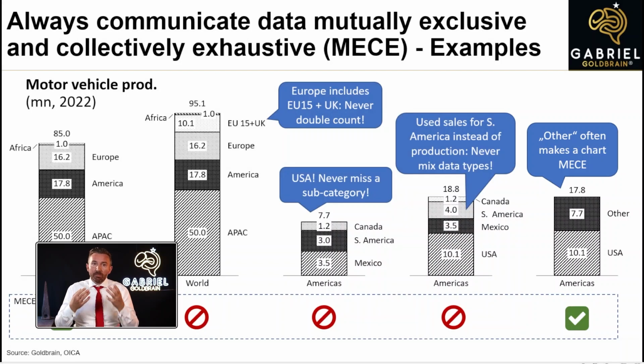An often made mistake is to forget the other category. So you look into maybe the US, you look into Europe, you look into South America, and then maybe you miss out on Africa or you miss out on what you call rest of world, which is another representation of other. So never forget the other category to make your data MECE. This is a common mistake you should avoid.